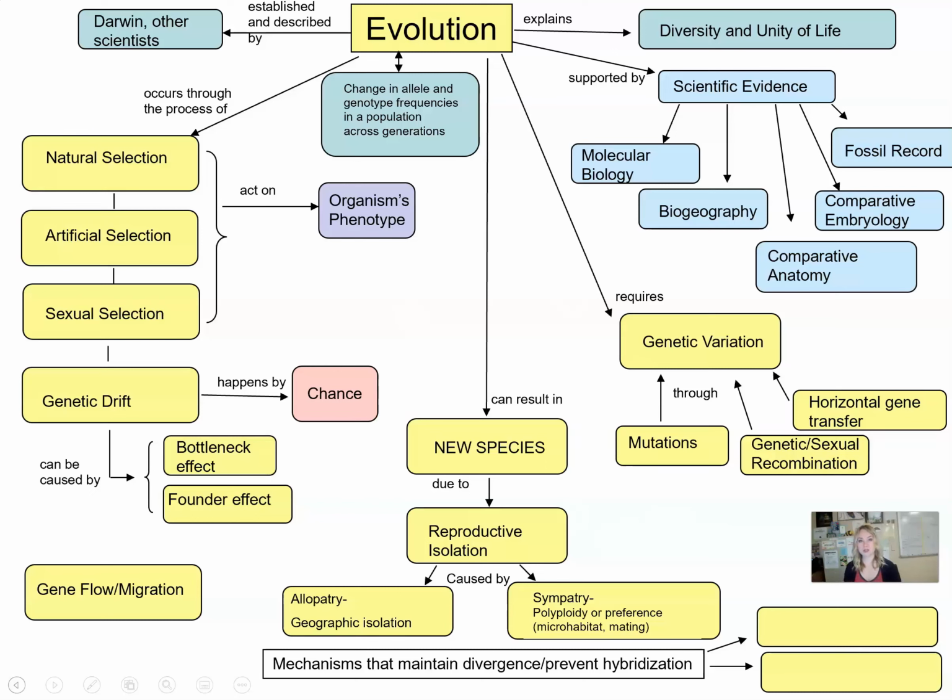Reproductive isolation may happen because of one of two reasons. There might be a geographical barrier that starts to separate the population, and we call that allopatric speciation. And then we have sympatric speciation, meaning you have a population, however, this population is starting to diverge, even though it's physically not separated, because of the occurrence of polyploidy.